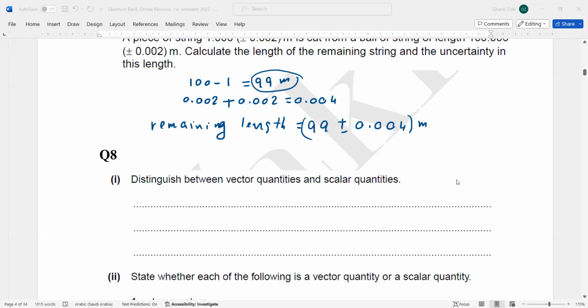Okay, next question. Question number 8. Distinguish between vector quantities and scalar quantity.